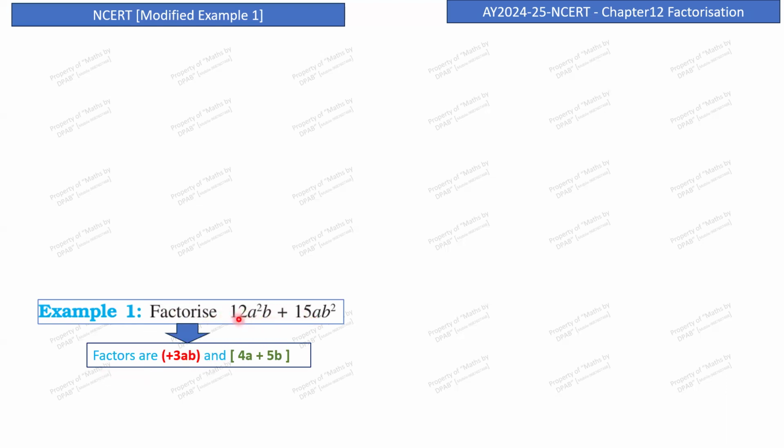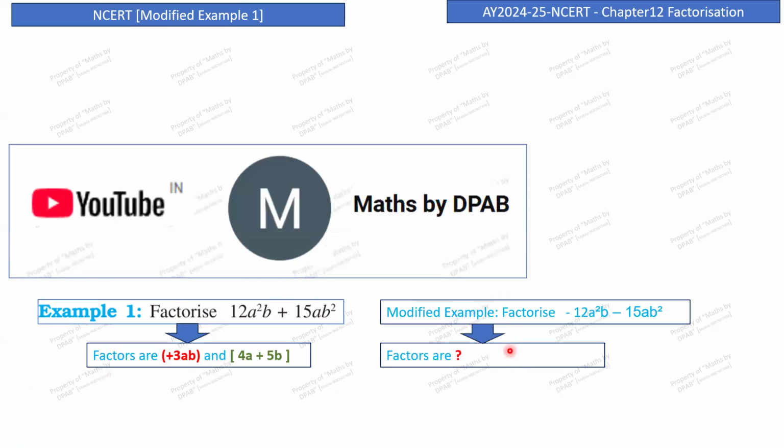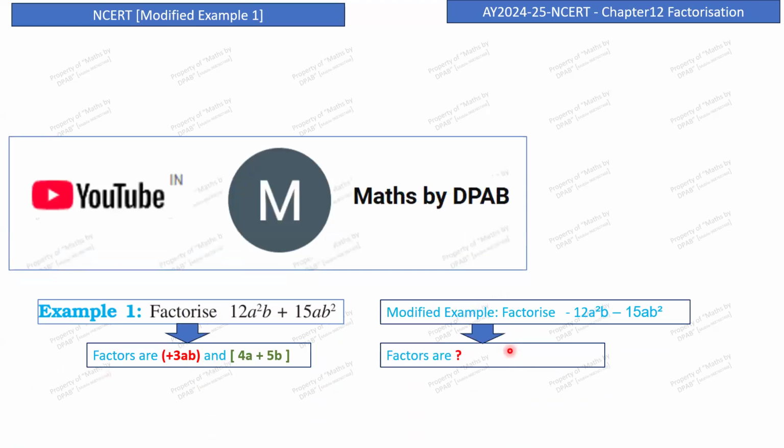That is minus 12a square b minus 15ab square. For which, what is the factor? We are just going to find out. We are going to check what the impact is when I put the minus symbol before both the terms, term 1 and term 2.